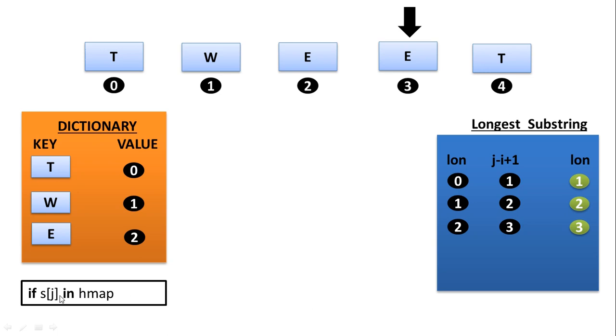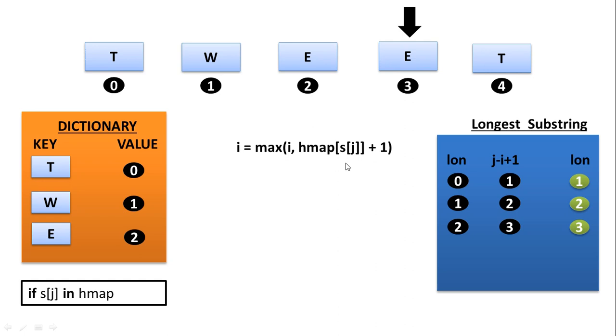And now it's time to play around within this condition and modify the value of our variable I. So let's go ahead and find out what is I storing. I stores the maximum value between the current value of I and the value associated to the current key, which is E in this case, plus 1.